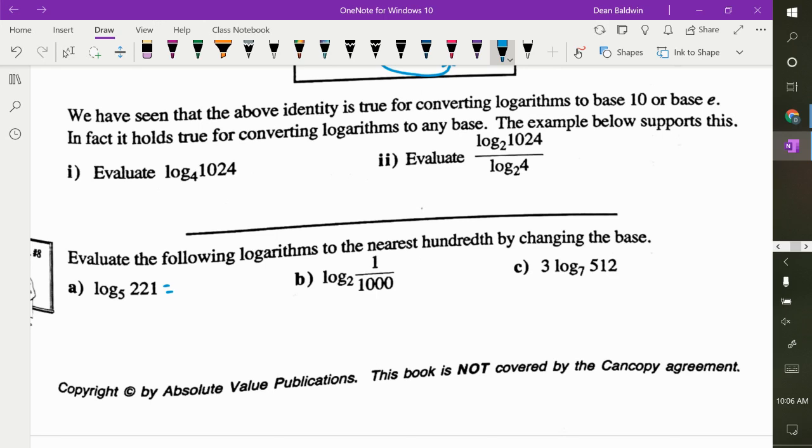It doesn't matter which one you use. If I change it to the natural log, I can go ln of 221 divided by ln of 5. Please do that on your calculator. Smart people or smart calculators, try the log base 5 of 221, and then everybody else tell me what you get. We'll see if we get the same answer.